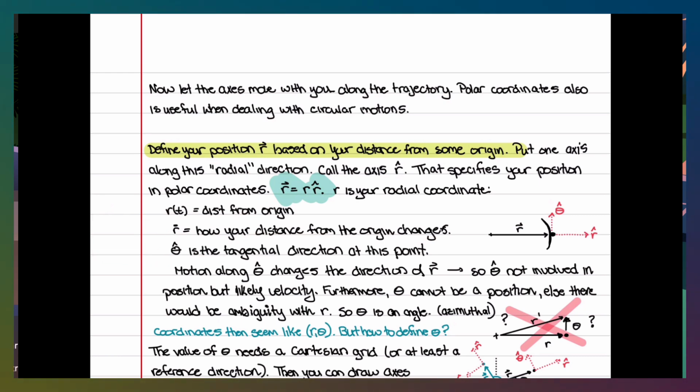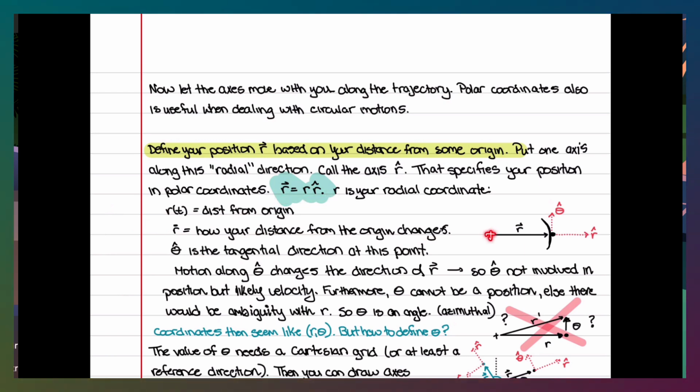There's no reason why you had to say this was horizontal. You could have said this was horizontal, and then this would be vertical, for example. So if we call this our position from the origin, the other direction, which we'll call the tangential direction, is telling you how this vector moves.